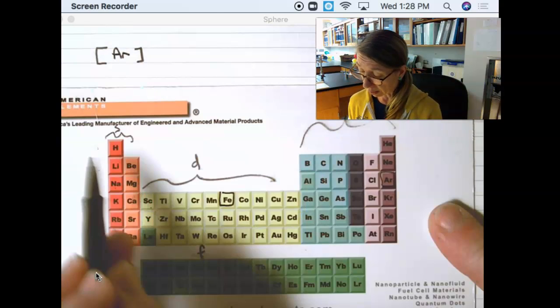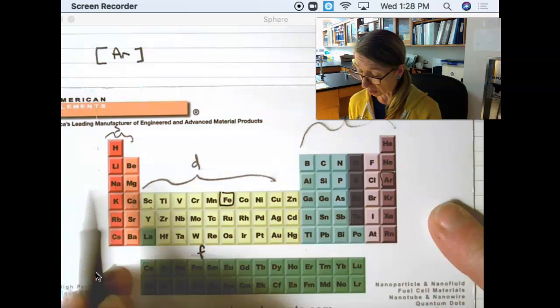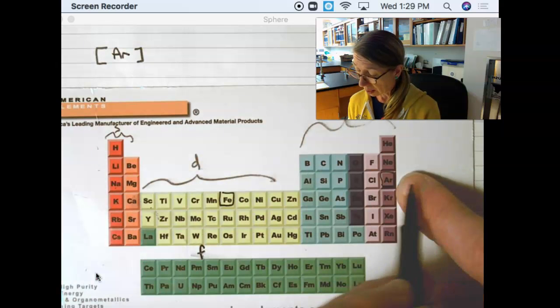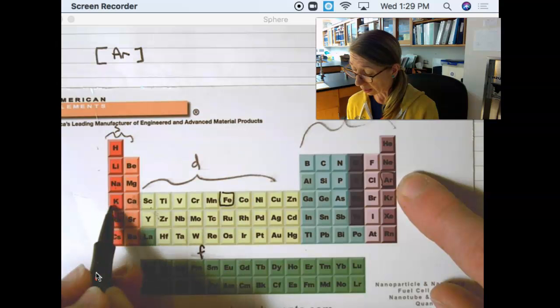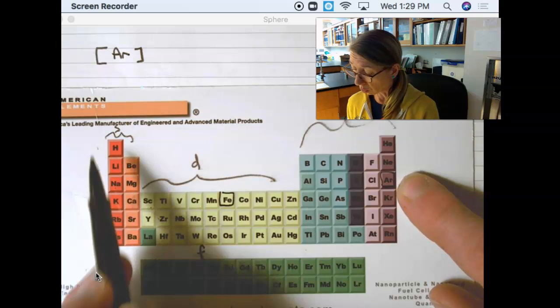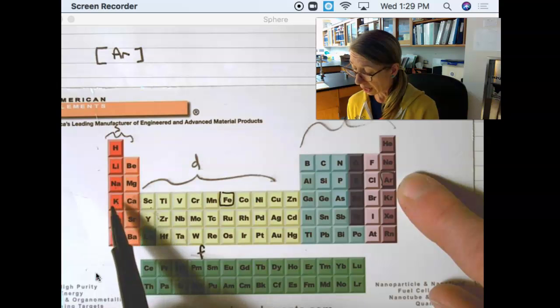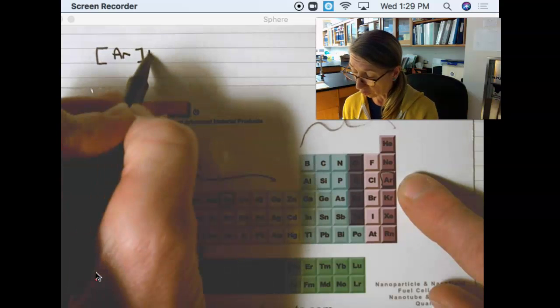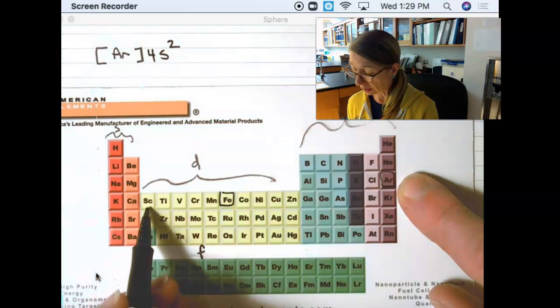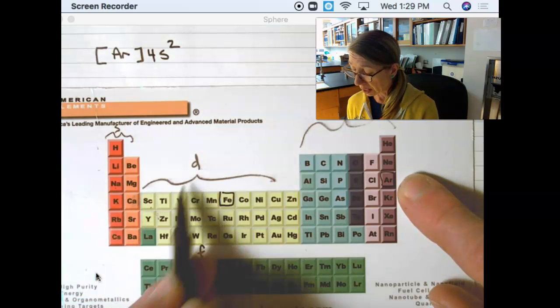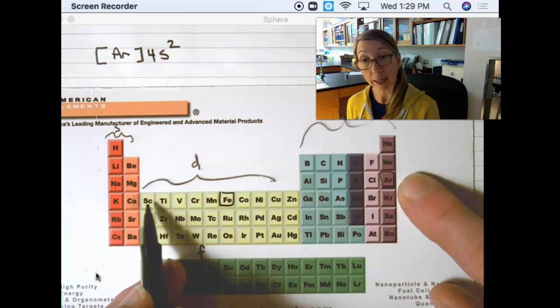That tells us we have all of these electrons already filled in. We go to the next level, which should be the level your element's on. It's 1, 2, 3, 4, and that's the S block. So 4s2, 1, 2, and then we're just going to count across. Now we're in the D block. The D block is always 1 behind.